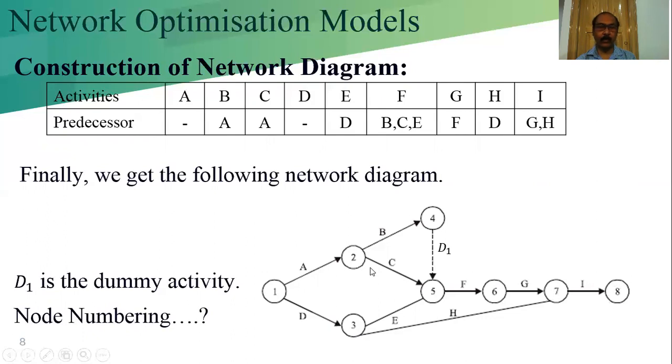Another way we can do it: there are 8 nodes, so the last one will be 8. We can go back by decreasing 1. Then we can go back 1 number, and from that we can reach here. That should be another number from this, but we reach back from this.